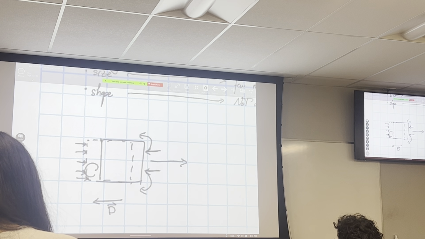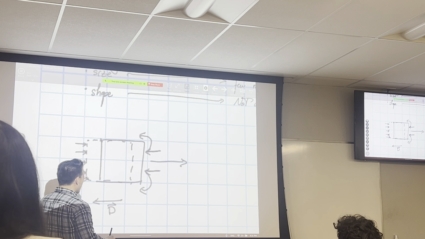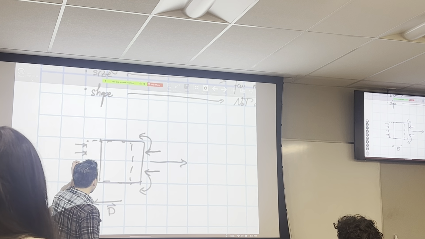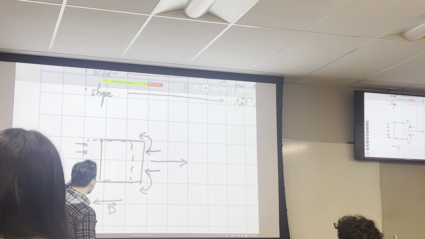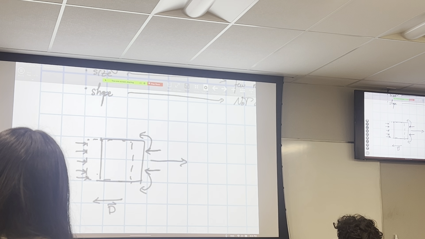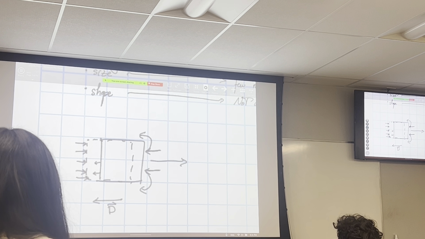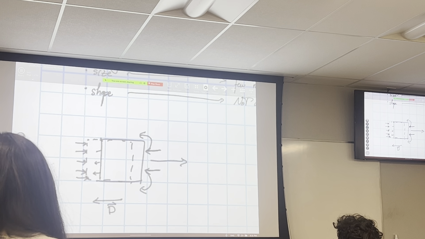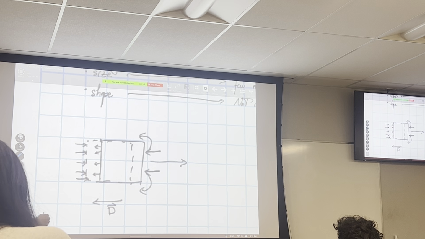But here's the thing. How hard these particles are being pulled or pushed in here, that's actually pulling back on the system as well. So there's actually two ways in which drag works. Yes, it is hitting you from the front, but it's also pulling you from the back.